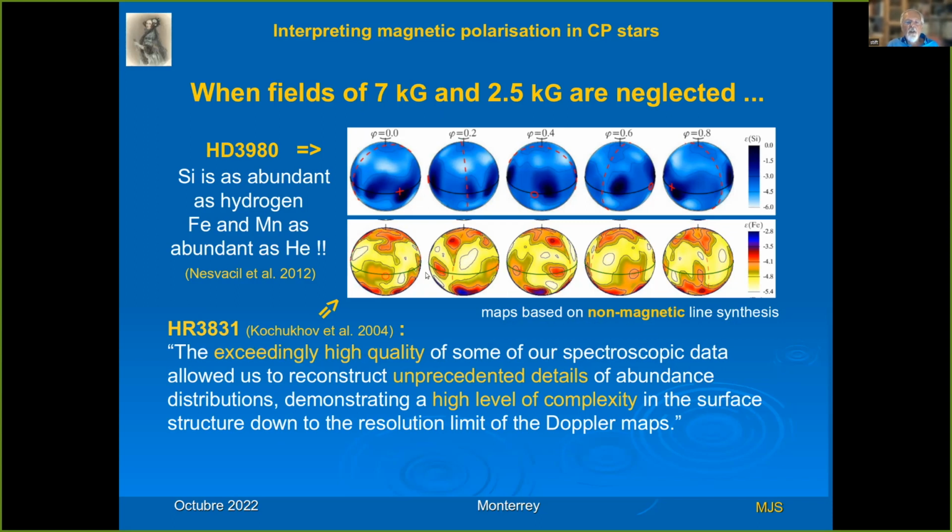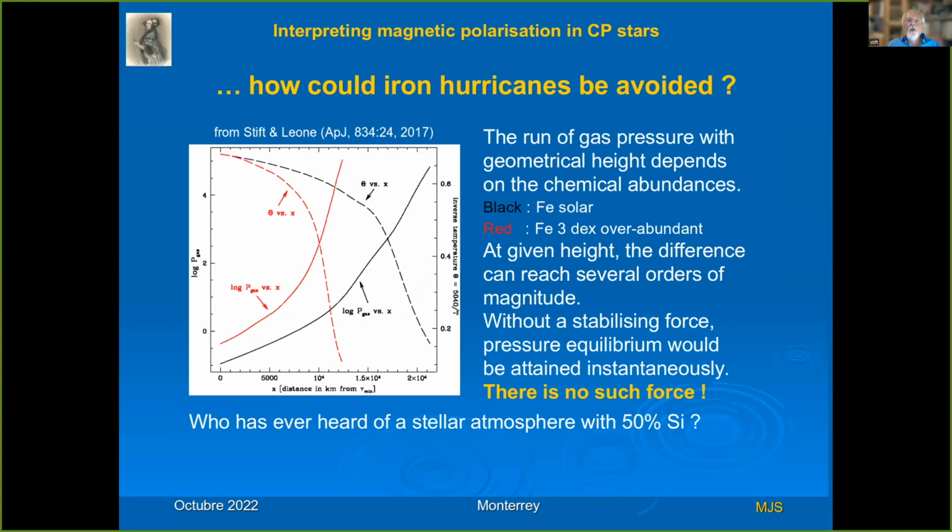Or for another star treated in a non-magnetic line synthesis, you find unprecedented details, a high level of complexity, but it has nothing to do with the real surface abundances, because the influence of the magnetic field, magnetic splitting, has not been taken into account. And also, how could iron hurricanes be avoided?